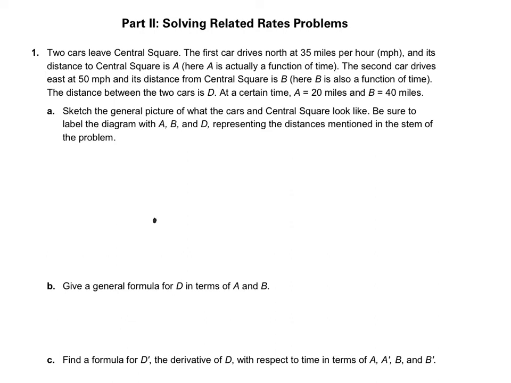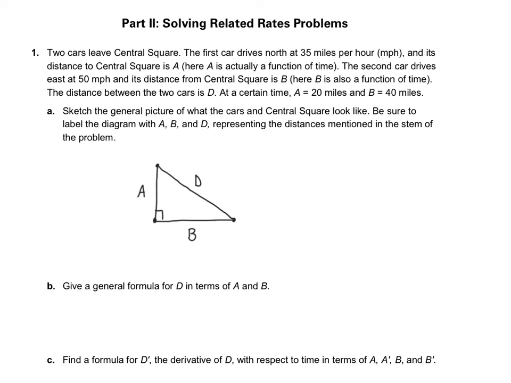One car drives north, and the distance is A. Another car drives east, and the distance is B. And the distance between the two cars is D. We know it's a right triangle because north and east make right angles.